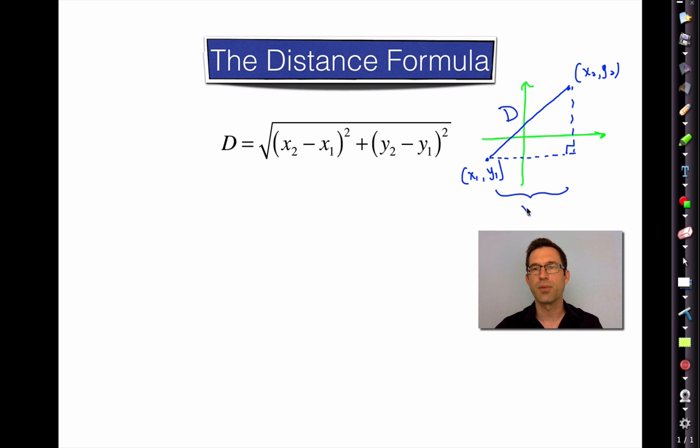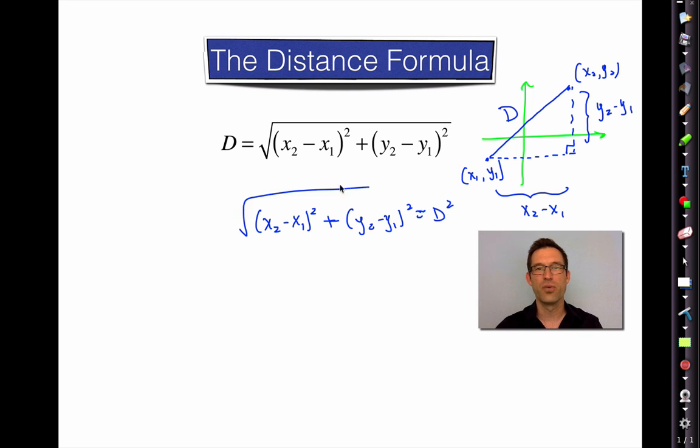This distance is simply x2 minus x1. This distance is simply y2 minus y1, so we just get a squared plus b squared equals, in this case, d squared, and then we can take the square root of both sides, so we just get d equals.